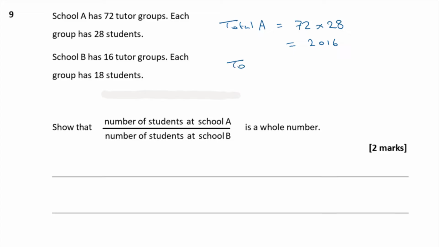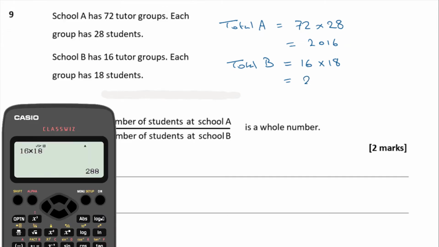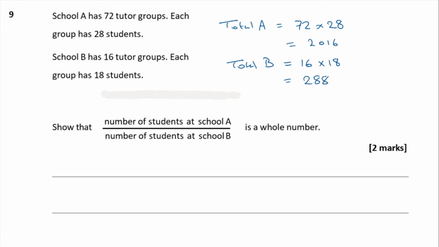It's a big school, but it's not beyond the realms of possibility. And school B has 16 tutor groups and each has 18 students. So 16 times 18 is 288. So that's a much smaller school, very small but possible.